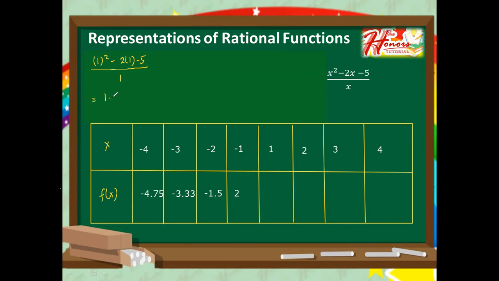Negative 2 times 1 is negative 2 minus 5 over 1. 1 minus 2 is negative 1 minus 5 over 1. Negative 1 minus 5, that's negative 6 over 1. That is negative 6.